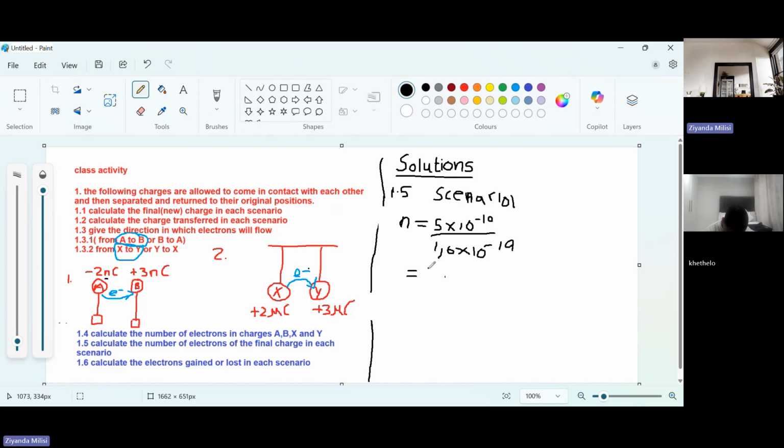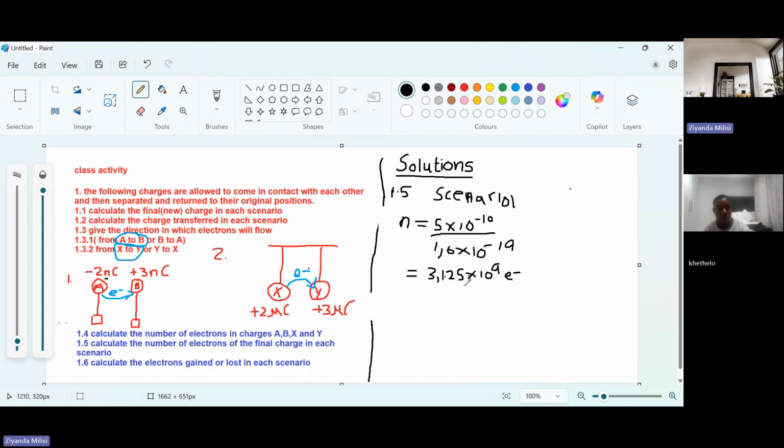We don't need this many numbers, okay? So it's 3.125 times 10 to the power 9 electrons. Okay, so this was for scenario 1.